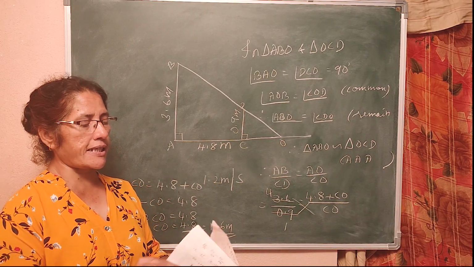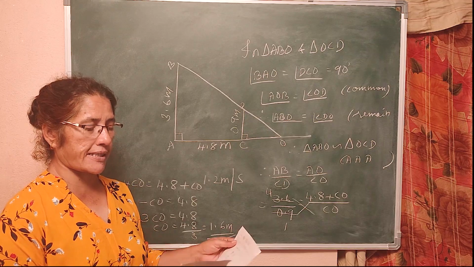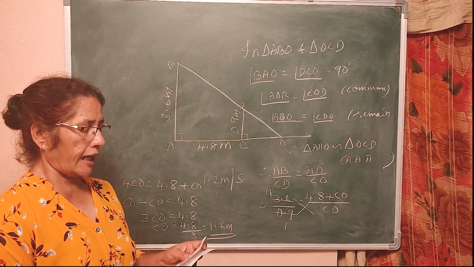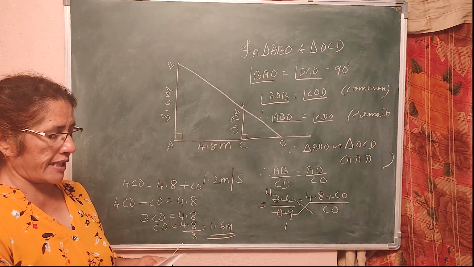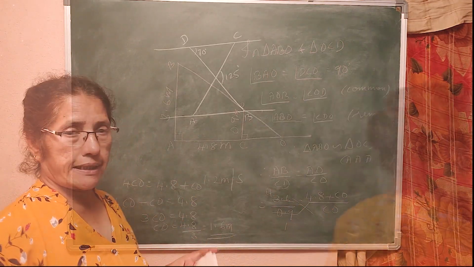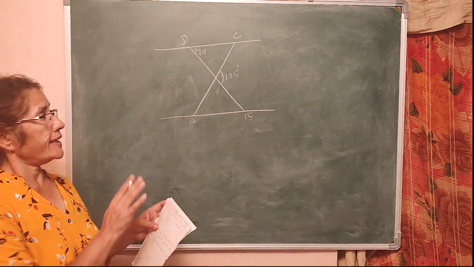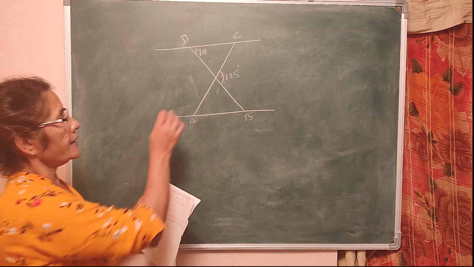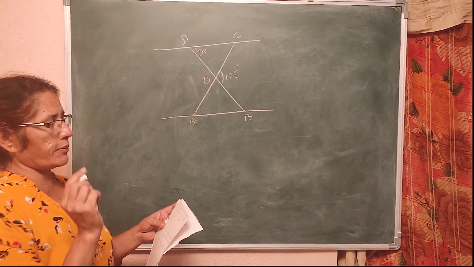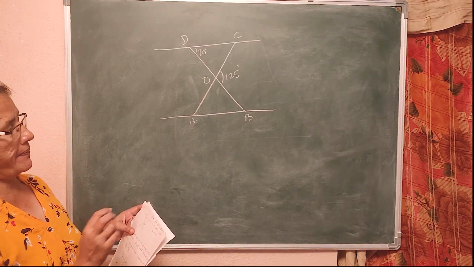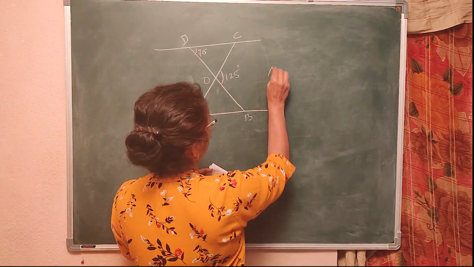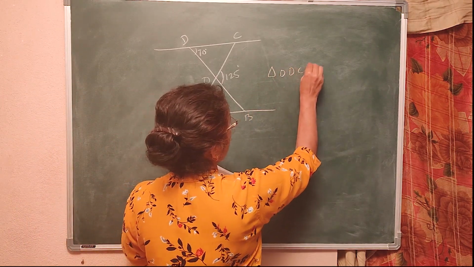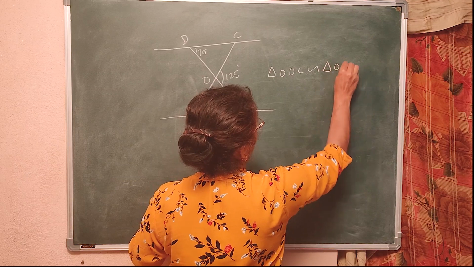Now, let me discuss some of the problems from exercise 2. The next question goes like this. In the figure, triangle ODC is similar to triangle OBA.